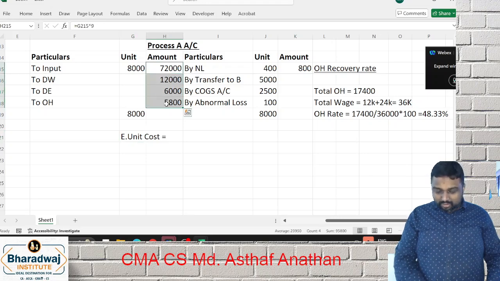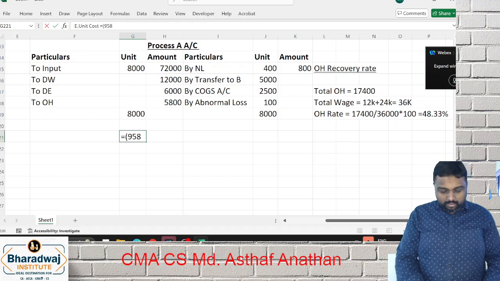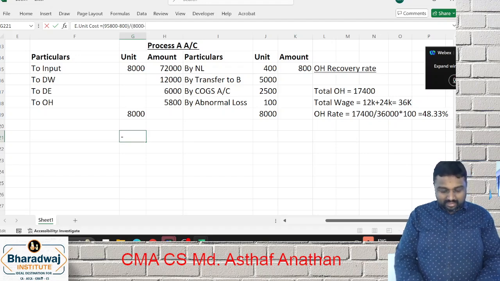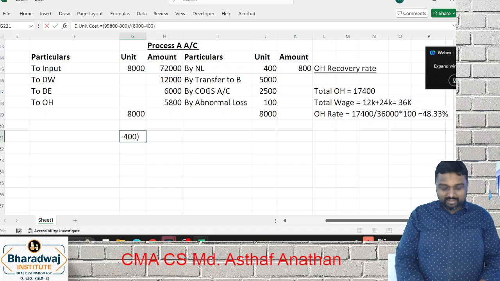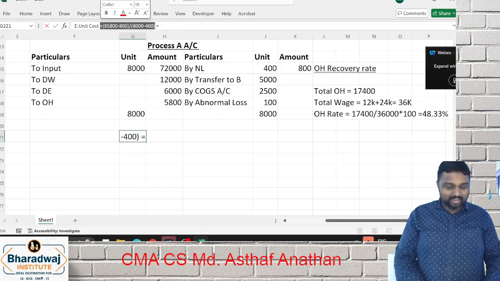Now you can go for equivalent unit cost. I take the full total 95,800 minus 800, divided by 8,000 minus 400. So hope all of you are clear.